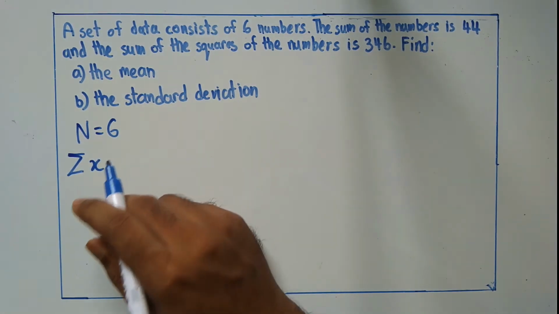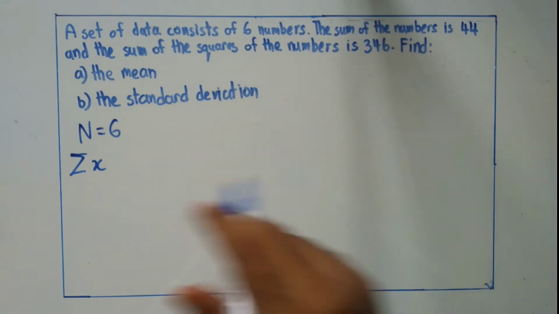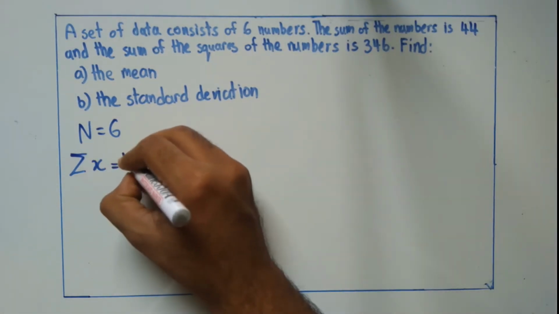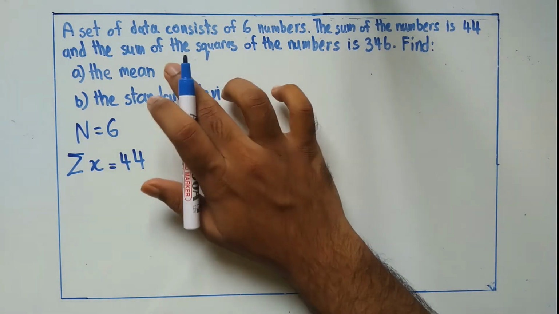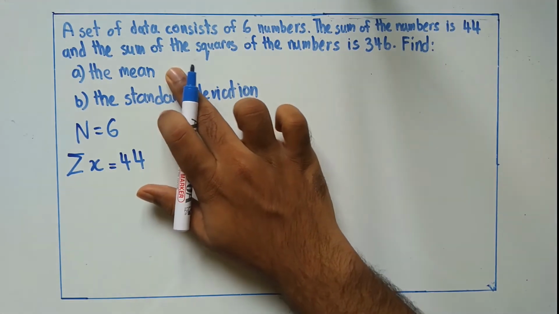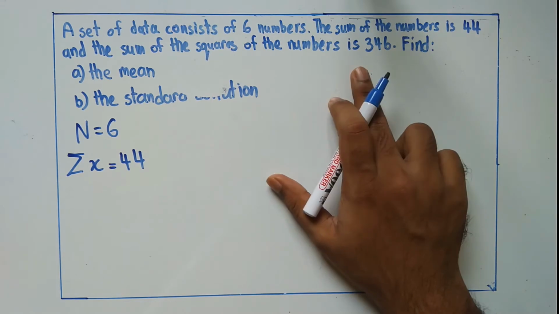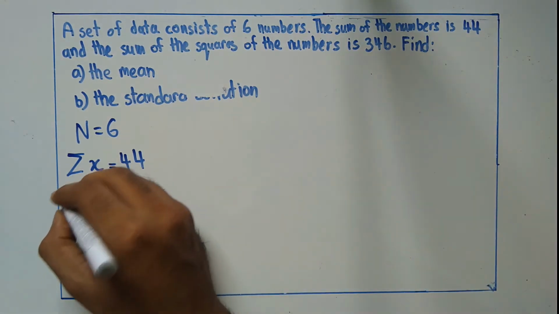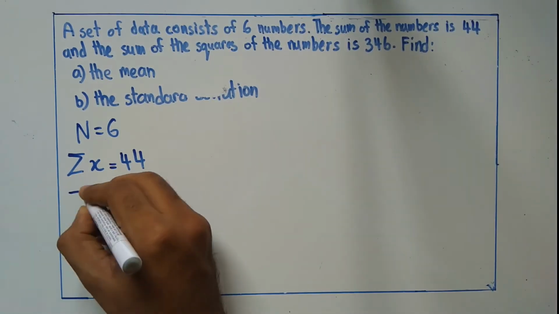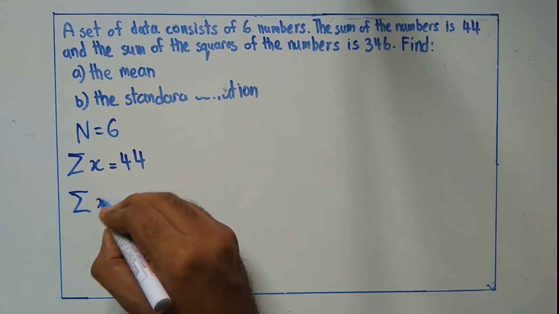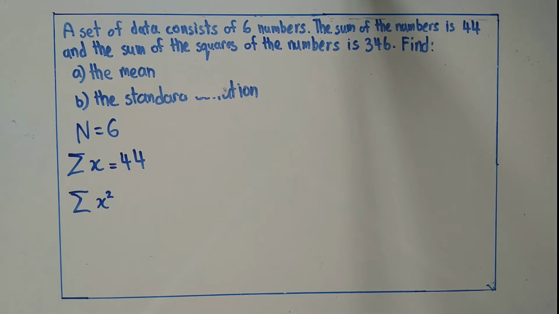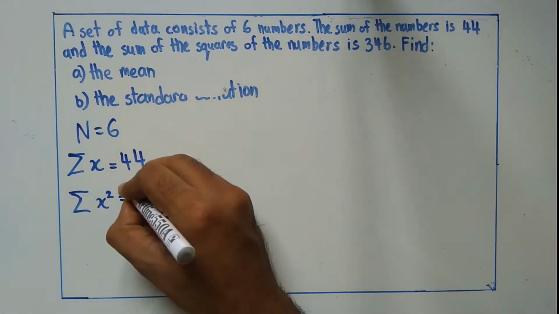We put Σx as the sum of each number. Gives us 44. The next information, the sum of the squares of the numbers is 346. That means the sum of the squares of the numbers, Σx², is 346.